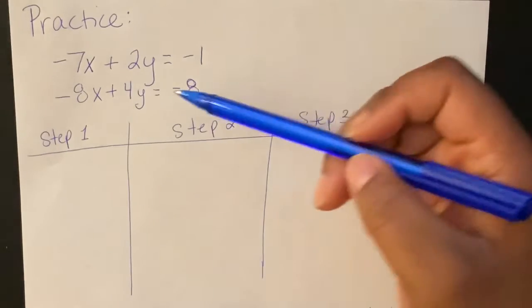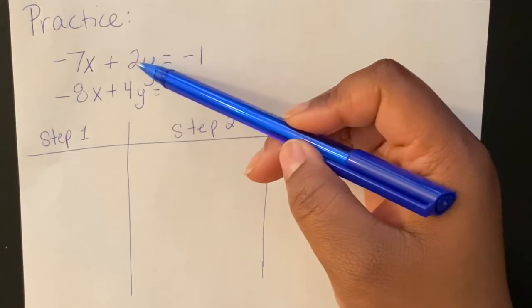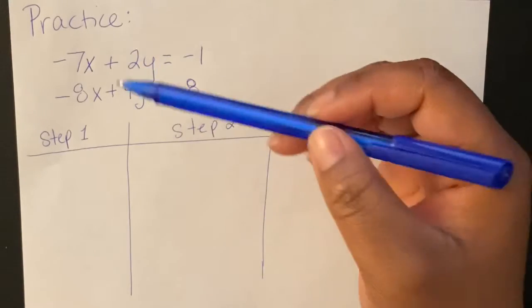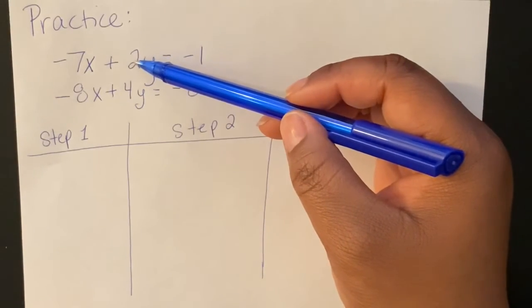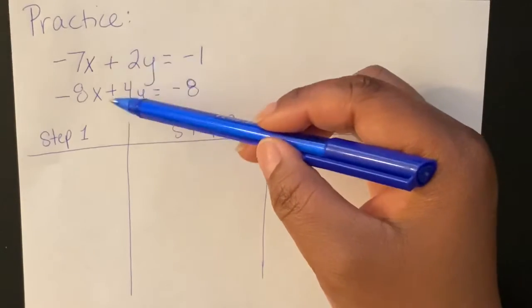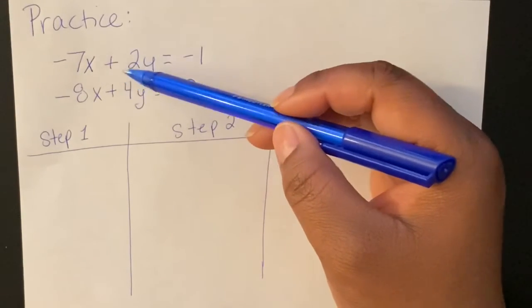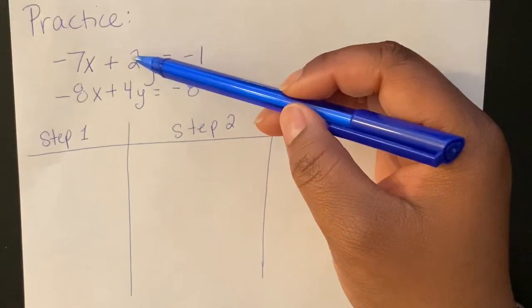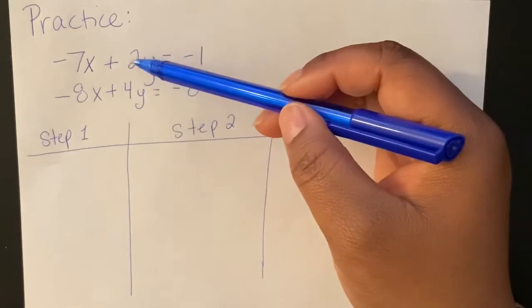You're trying to look for if I can make one of the numbers turn into the other one by multiplying it by another number. Now, I can multiply a 2 by a 2 to make a 4, but because I want to eliminate the number, I need to make this 2 a negative 4, because remember, negative 4 plus 4 is going to be 0.